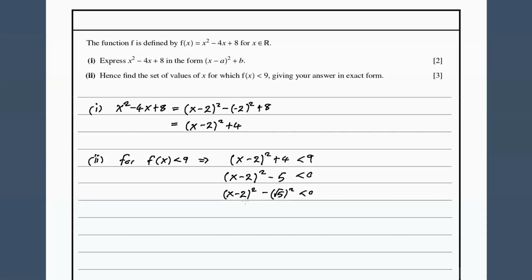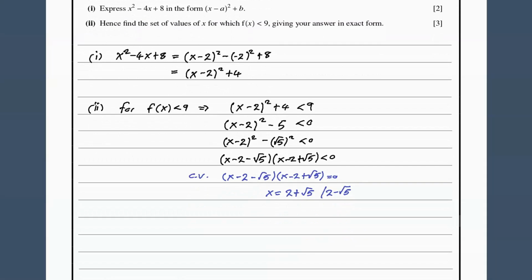Okay, so since it's now a difference of two squares, we can write it as x minus 2 minus root 5 times x minus 2 plus root 5 is less than 0, which would mean that for the critical values, we can simply say that x minus 2 minus root 5 times x minus 2 plus root 5 is equal to 0, and the particular values of x we will get here are 2 plus root 5 and 2 minus root 5. So this is what we will be having.